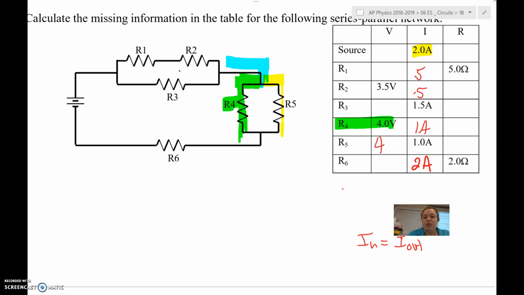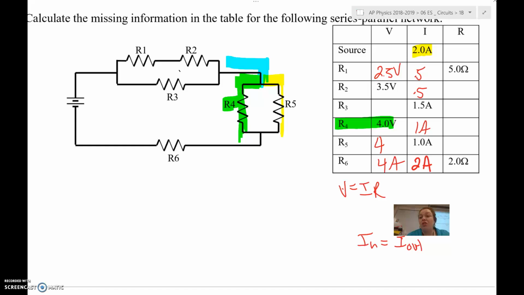Now I'm going to try to use Ohm's law and do whatever math I can. So for example, 0.5 times 5 is 2.5 volts. I can do 2 times 2 amps on R6, which is 4 volts.